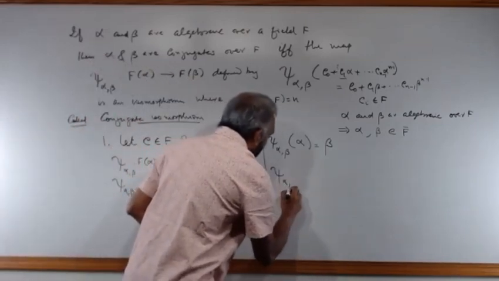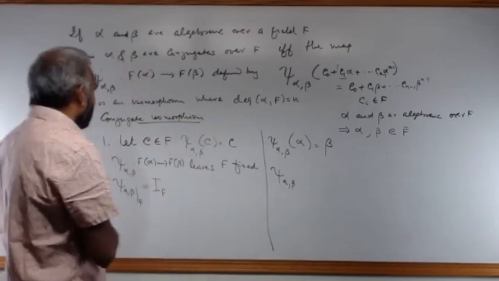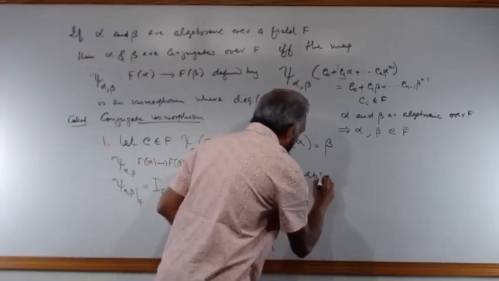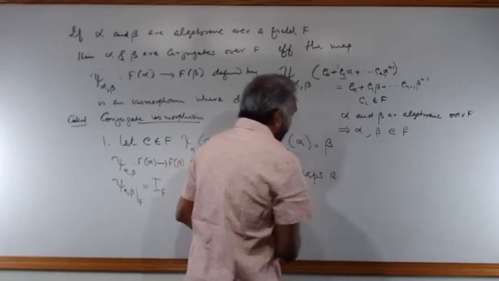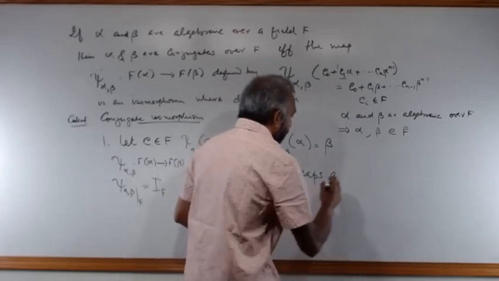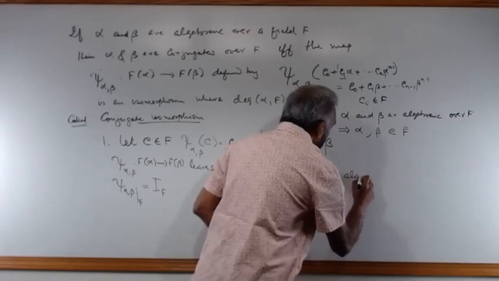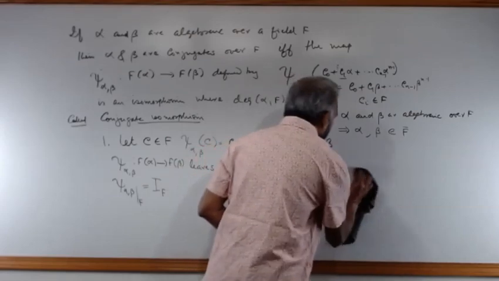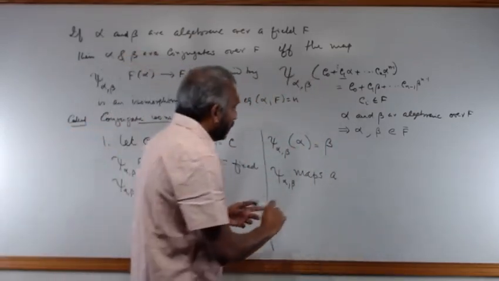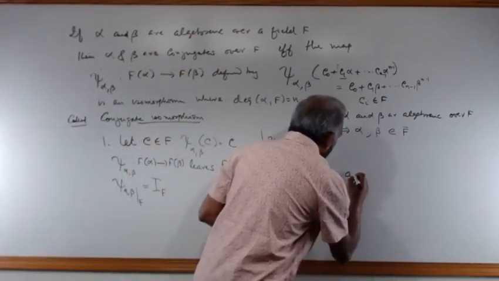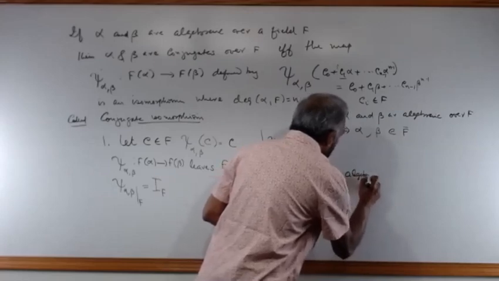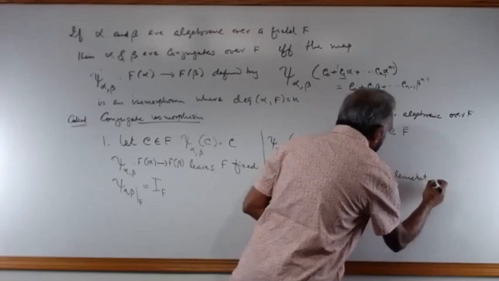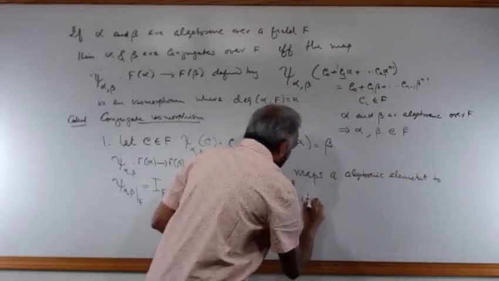That means the psi alpha beta, that is conjugate isomorphism, maps an algebraic element to its conjugate.